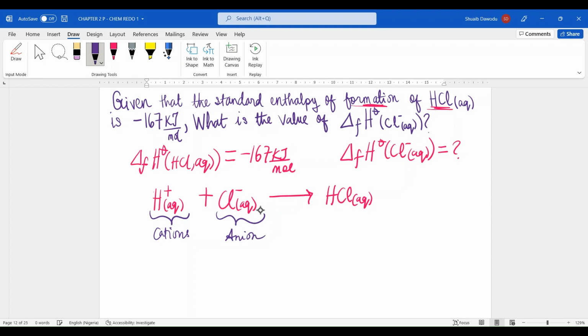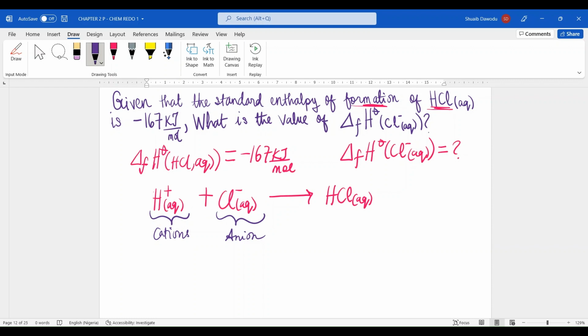This is much more difficult for us to calculate because we cannot separate the H plus ion from the Cl minus ion and then determine the standard enthalpy for each one of them at 298 Kelvin. Because anytime you have an aqueous solution, you always have to have the cation and the anion.